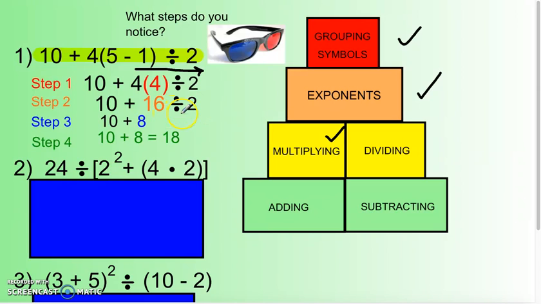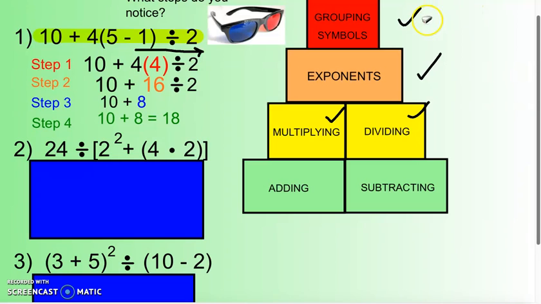And then division, if you notice there is division, so 16 divided by 2, and that's 8. And then the last thing we have is adding or subtracting, and we already got rid of this subtraction because that was part of our grouping symbols. So that was done. So the only thing we have left is addition. So we have 10 plus 8, which is 18.